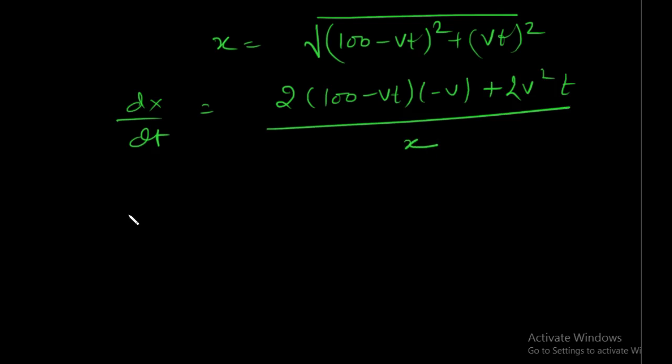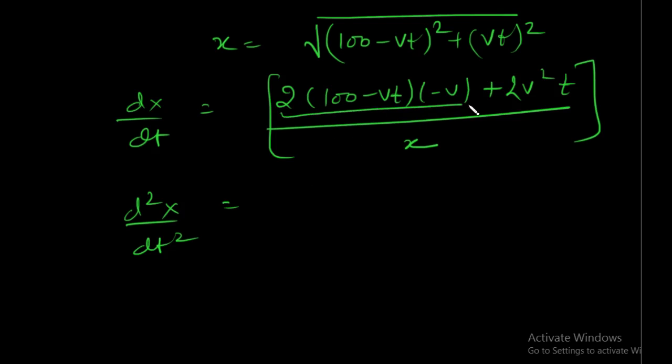Now we do again d square x by dt square. Oh man, this will become more complicated. There are two variables now, x and t, right? So first we differentiate x. The numerator we are assuming as alpha, alpha as a function of t, divided by x.